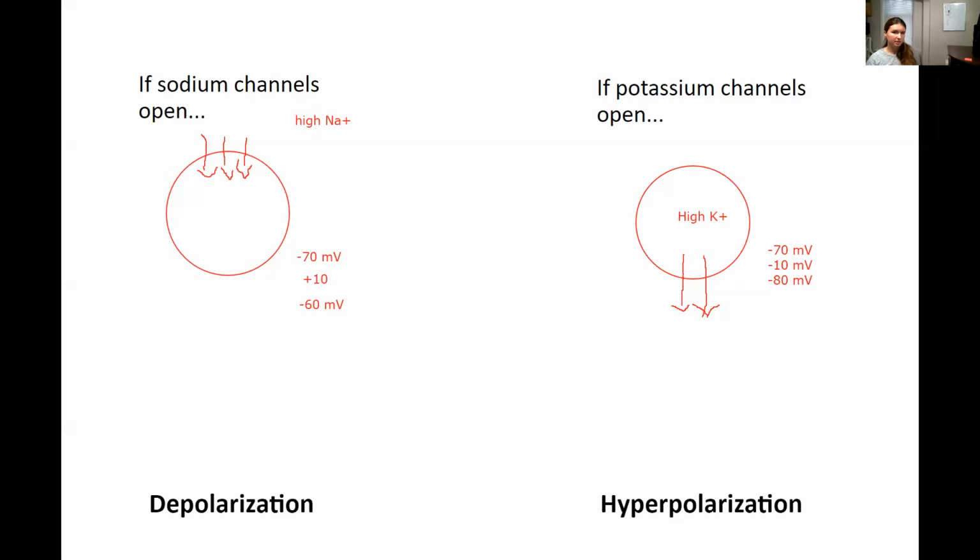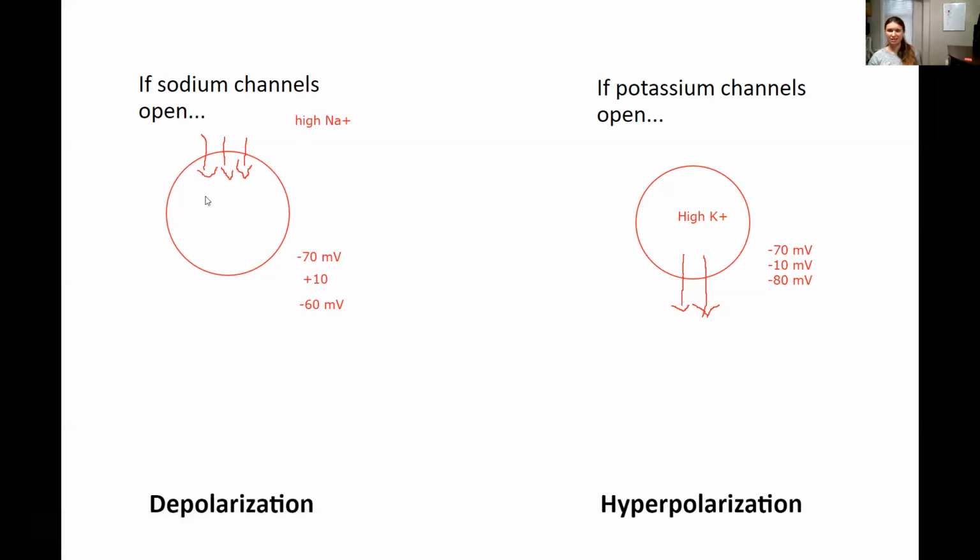So each of these things is going to actually play a role in our action potential once it reaches a certain amount. So we're going to see that sodium channels opening and increasing the membrane potential, so making it more positive, that's called depolarization.